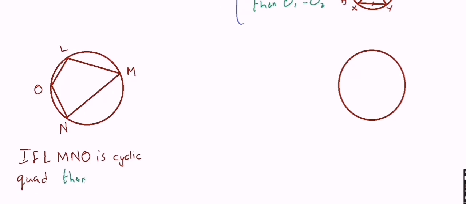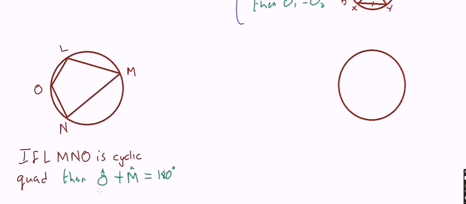First, O, maybe I chose the wrong letter, but it's fine for now. Let's just leave it. O will be equal to M. Sorry, it's not equal to M. O plus M will be equal to 180.